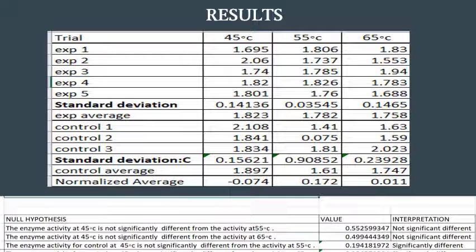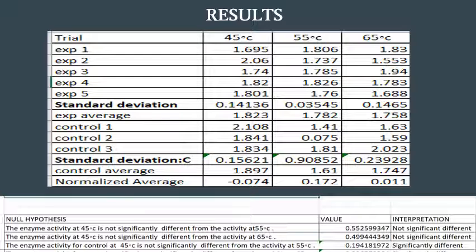Next, we use the t-test to compare the average and standard deviation of two samples to determine if there is a significant difference between them, and the t-test was used to test the null hypothesis. And the null hypothesis states that when the enzyme activity is above 0.5, it is considered to not be significantly different, whereas when it's below 0.5, it is going to be very different.